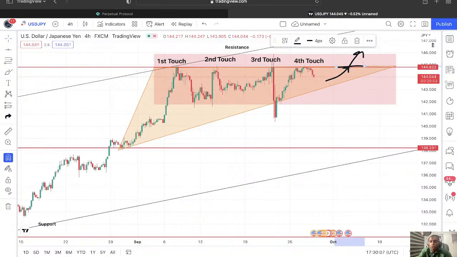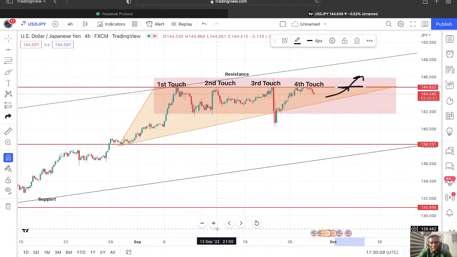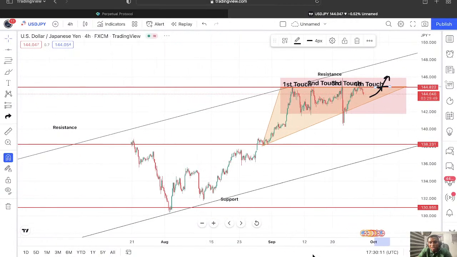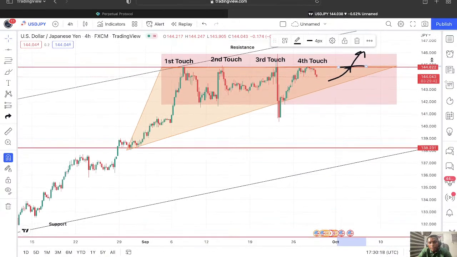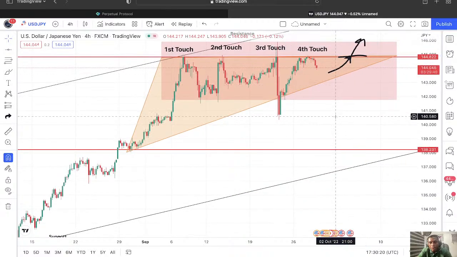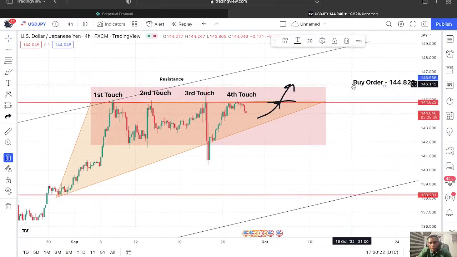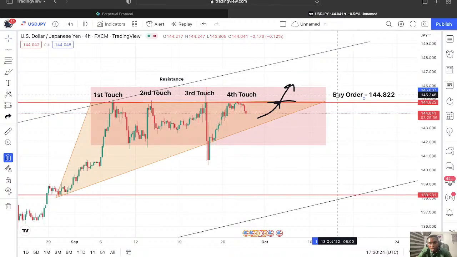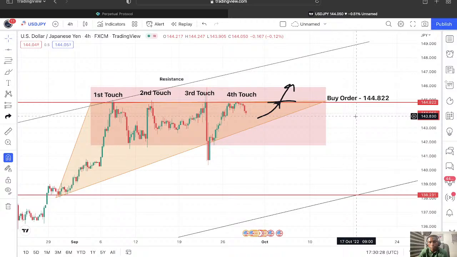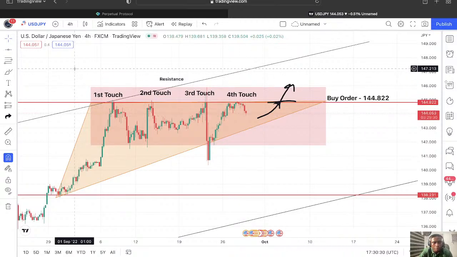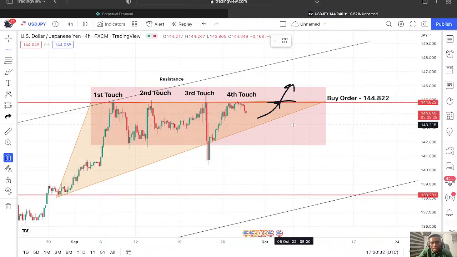So what would I do as a trader? I would set my buy order here at that level where price keeps touching. All right, I'll set my buy order there and set my stop loss here.